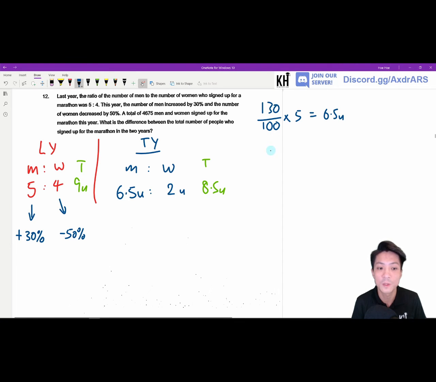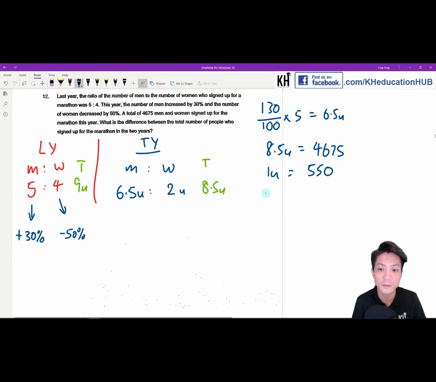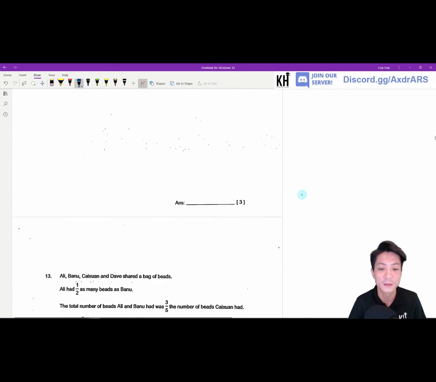So in the next step, we know that 8.5 units is equal to 4,675. Okay, you can find what is 1 unit by using 4,675 divided by 8.5. Okay, that will be 550. And the difference will be 0.5 units, which is 550 divided by 2, which is 275. Okay, so this is the answer.